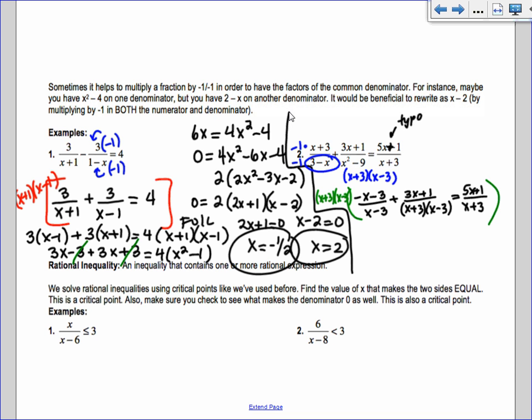So when we do that, the x minus 3's cancel on the first one. So I have x plus 3 times negative x minus 3 plus, the next one both cancel in the denominator, so I just have 3x plus 1. And the last one I have 5x plus 1 times x minus 3.